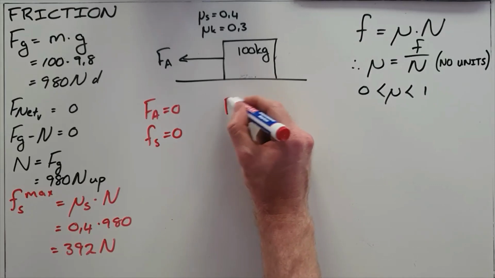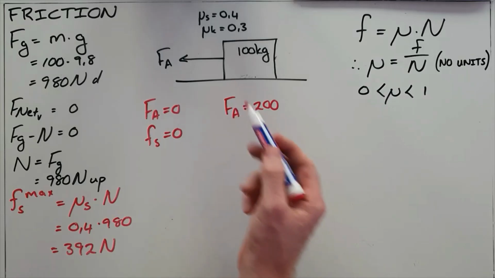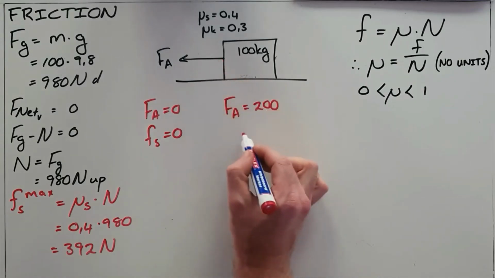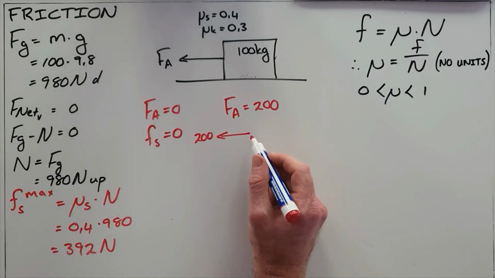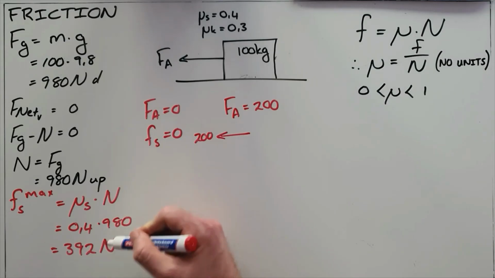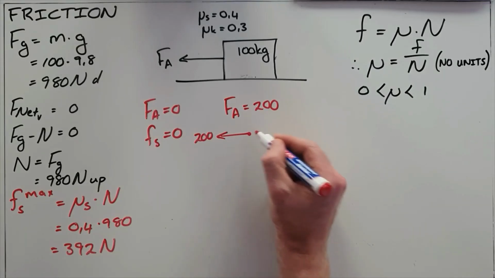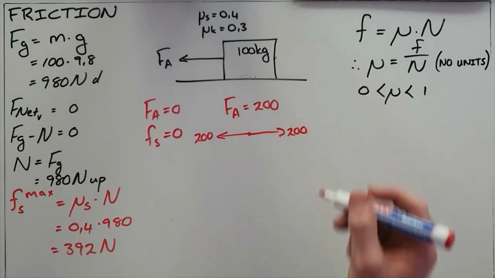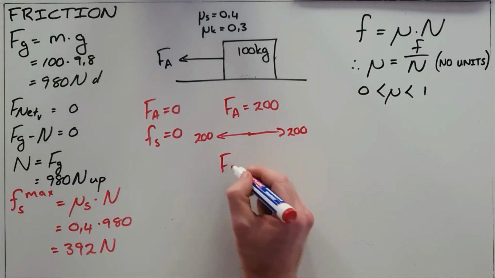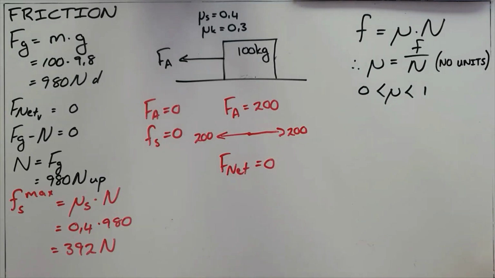In a second example, if we now said that the applied force was 200 newtons, we can very clearly see that there is a force of 200 newtons attempting to pull the object towards the left. But that 200 newton force is not great enough to overcome the static friction maximum, which means that static friction reacts by only exerting a 200 newton frictional force, the result being that the net force on this object is 0 and the object does not move, and it is therefore opposed motion once again.